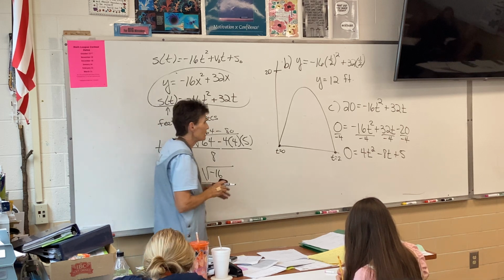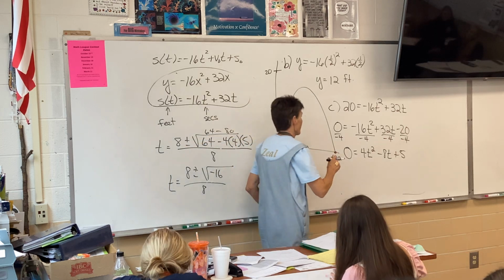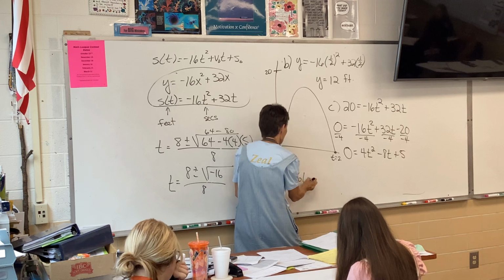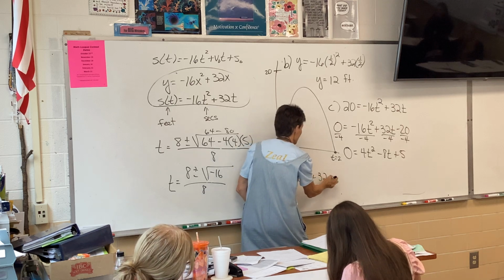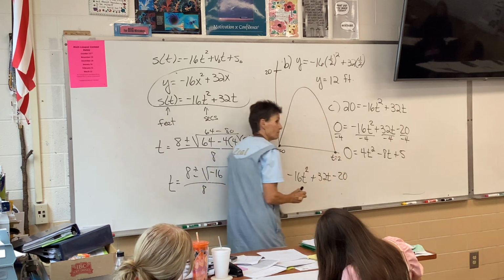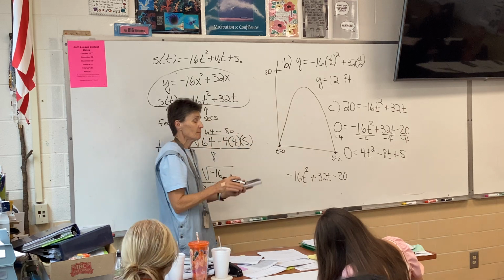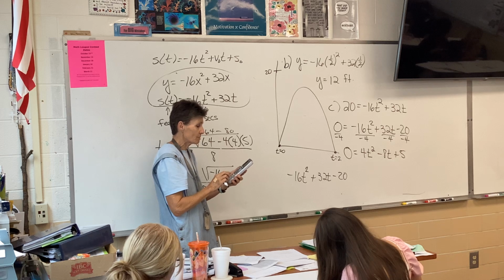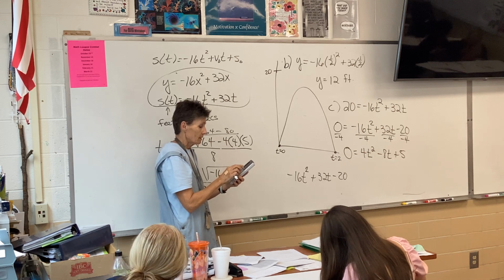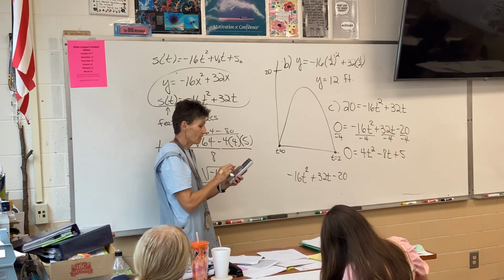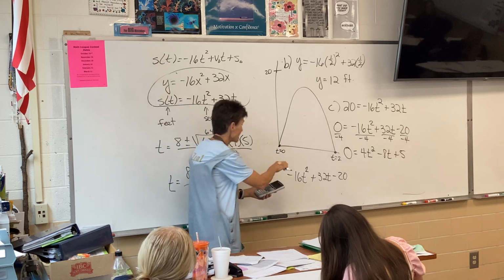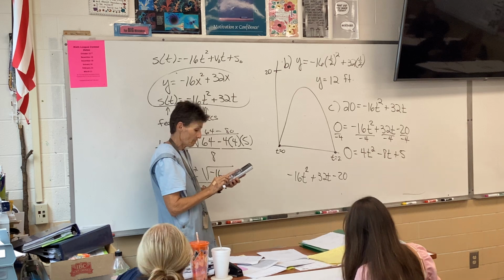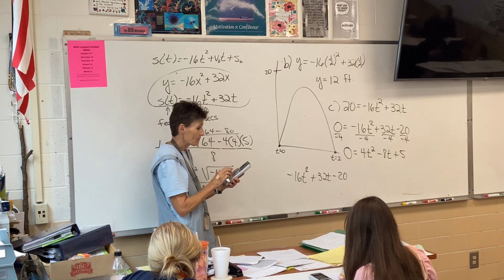Now, just for fun, let's go back to our original equation, negative 16t squared plus 32t minus 20. Type that in. If you change the window, you might want to zoom 6 just to get back to a normal window. And let's type in this equation and see what we see.